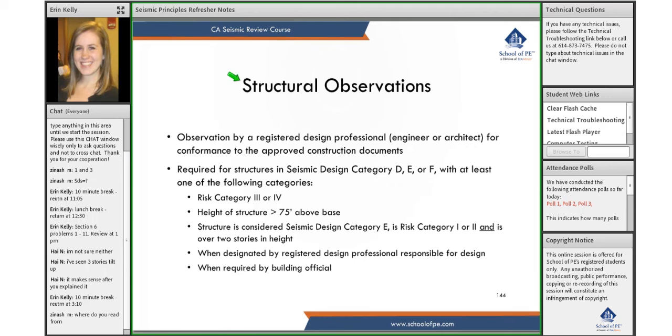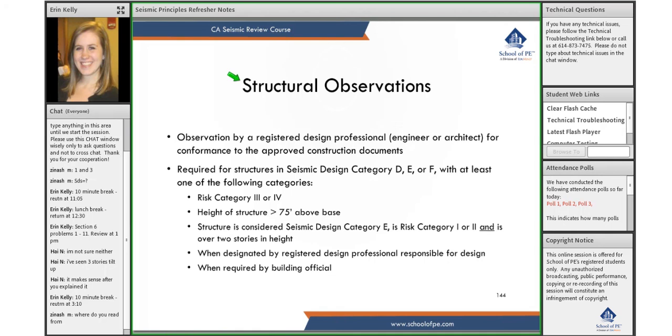They were in seismic design category D, so technically it's not required, but the design professional in responsible charge for those projects chose to go out and look at the work being done to make sure it was in conformance with the approved construction documents, because remember that design professional in responsible charge is liable for any errors. So it's very common to go out and do a structural observation even when it's not required.